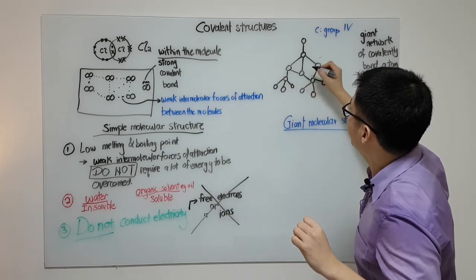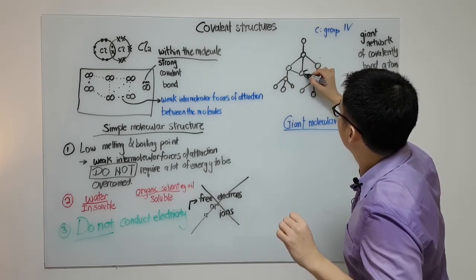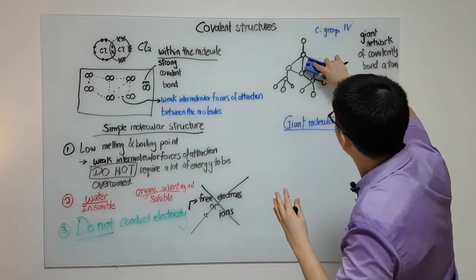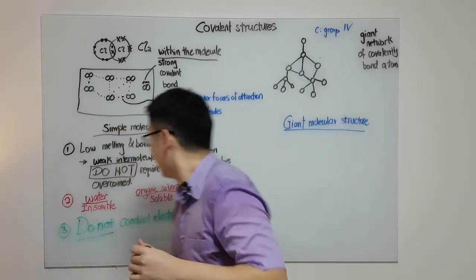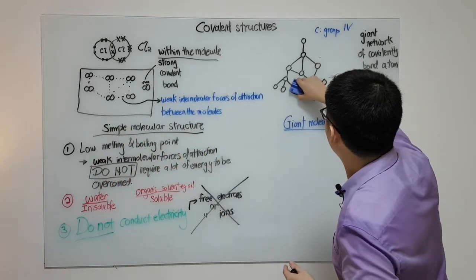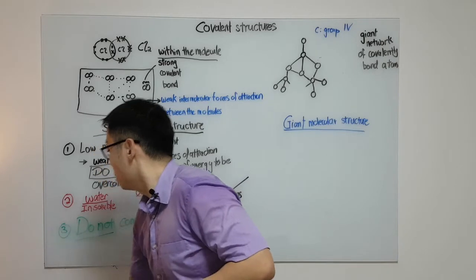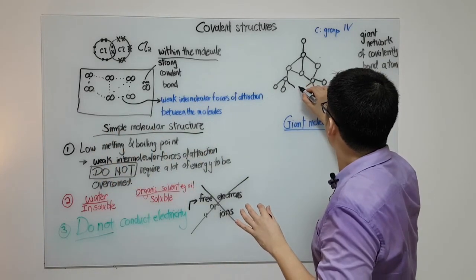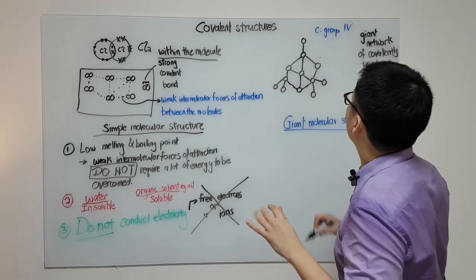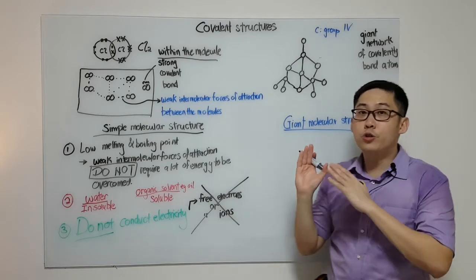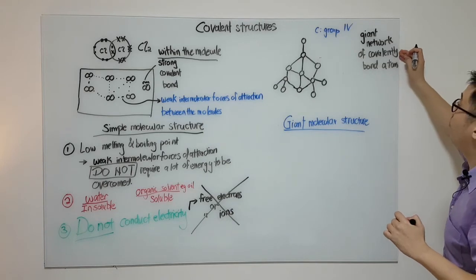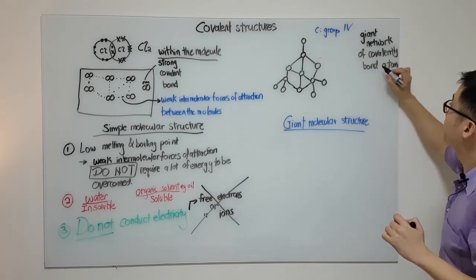And we can continue. So in this case here, this is like this. So what happens? You form a three-dimensional giant structure that is a network of covalently bonded atoms.